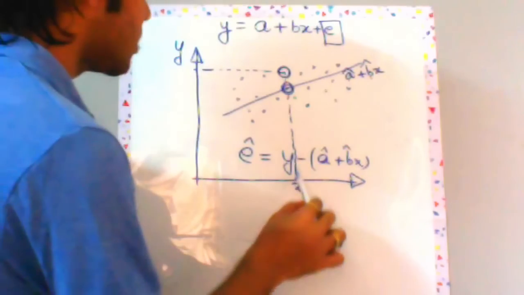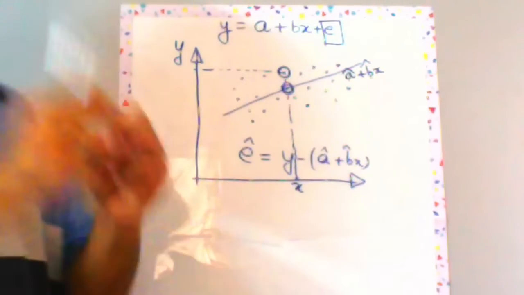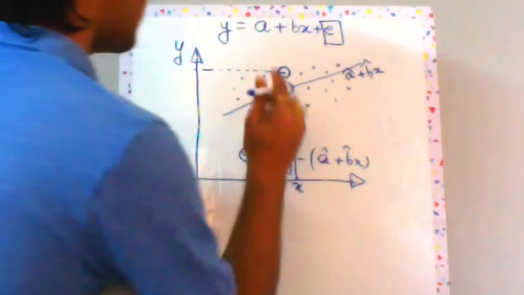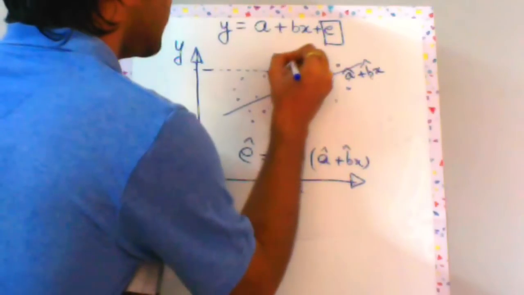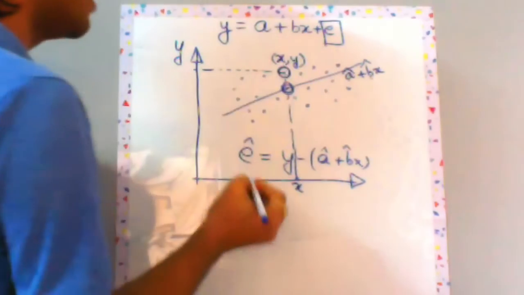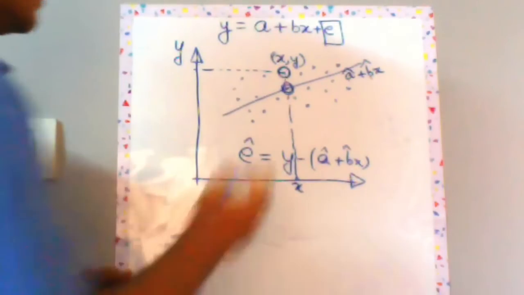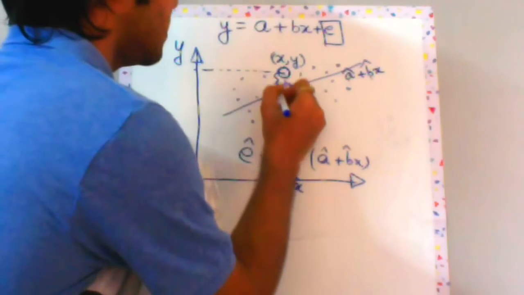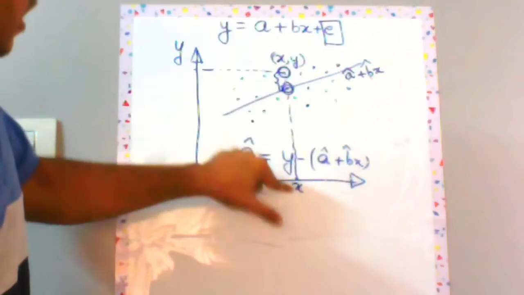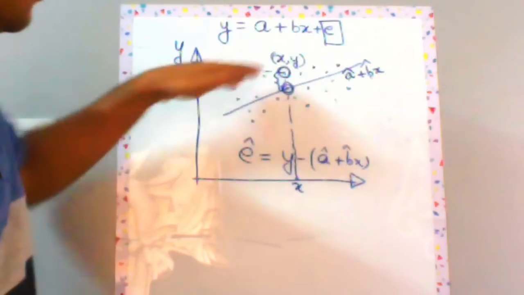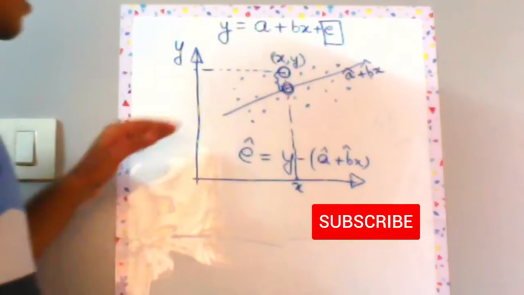And if you take the dotted line up above, you would find a point on the scatter plot, and that point will be your xy. So if you take the y coordinate, it will be y. So what is y minus this thing? This essentially is this guy, the difference in the y coordinate at x of these two corresponding plots. One, the scatter plot, the other line of best fit.